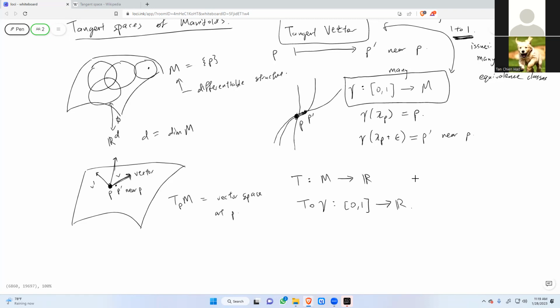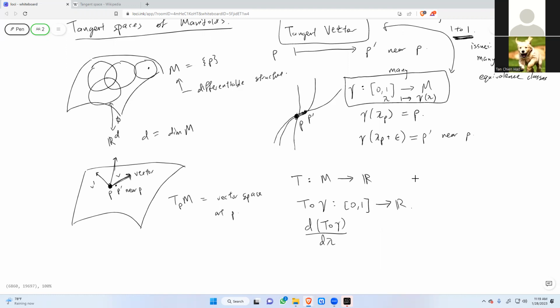If we then take the derivative, so let's say the curve maps lambda to gamma of lambda, that allows us to take the derivative because it's a map from real numbers to real numbers. We can apply single variable calculus to take the derivative of T composed with gamma with respect to that parameter lambda, and this is well defined.